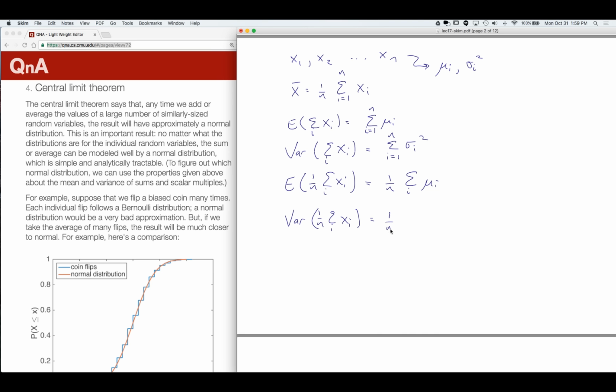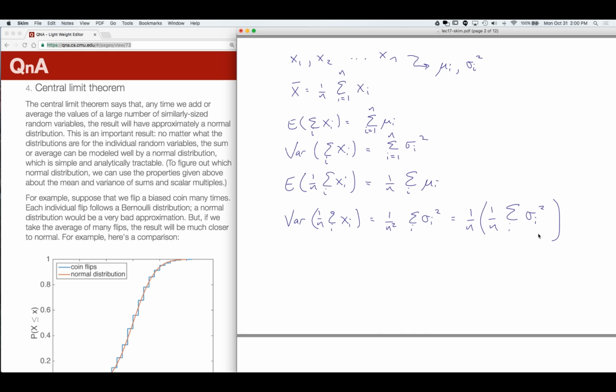So that's 1 over n squared sum over i of sigma i squared, which I'm going to break apart into 1 over n times 1 over n sum of sigma i squared. So this is the mean of the variances, and when you average a bunch of them, the variance keeps going down.